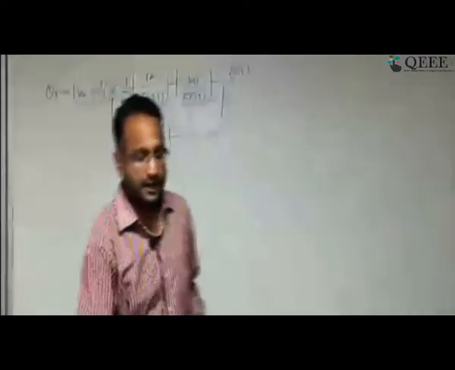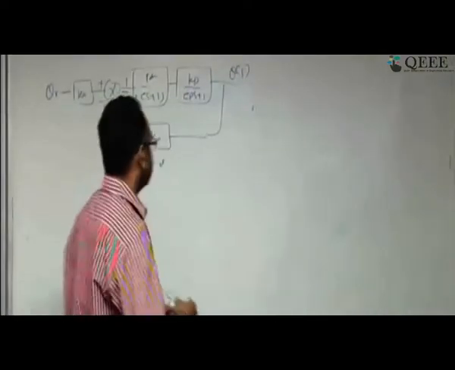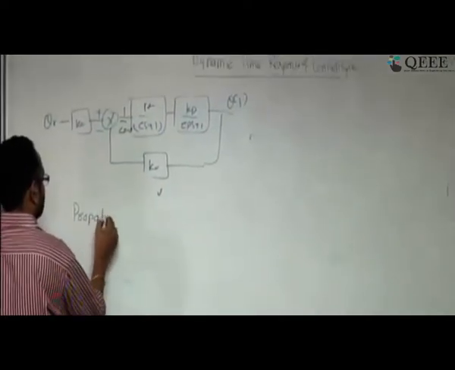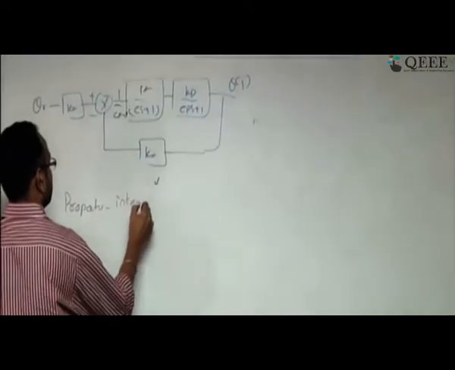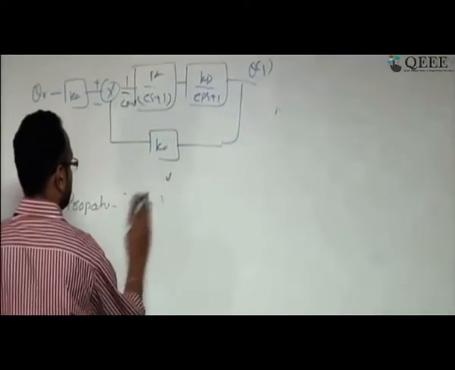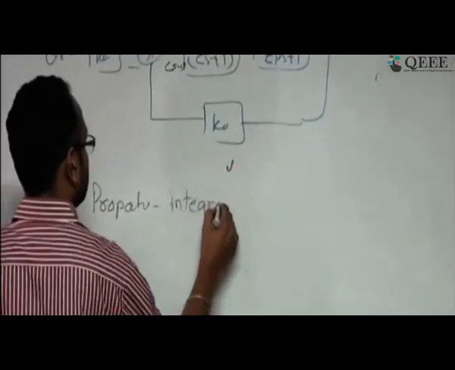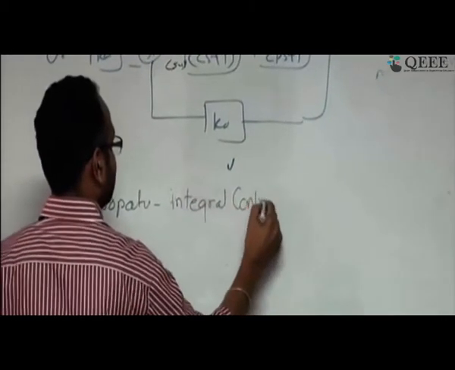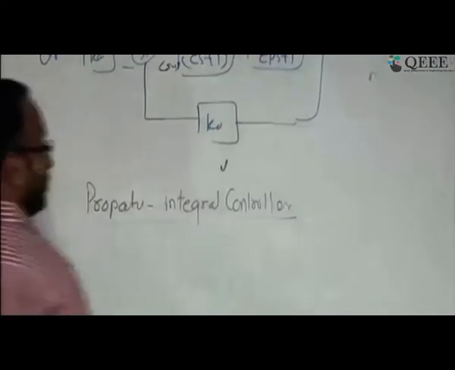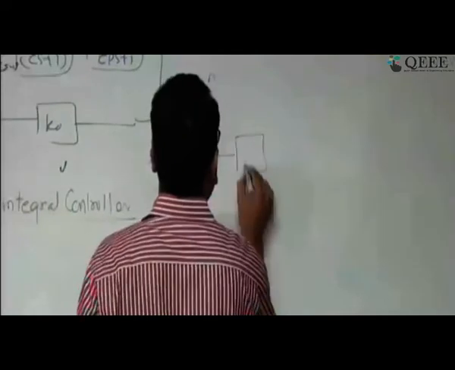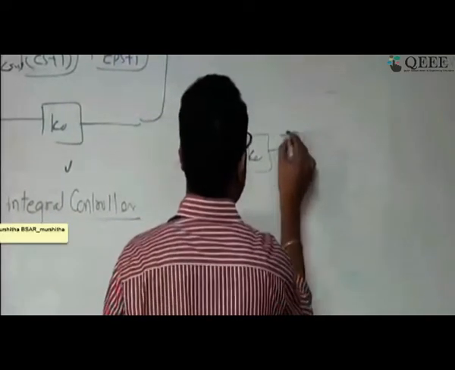I will take another case, the proportional plus integral controller. In that case, let me consider the same scenario. This theta of s is here. I have added k0, and this is my plus minus.